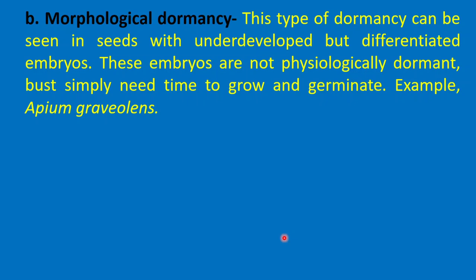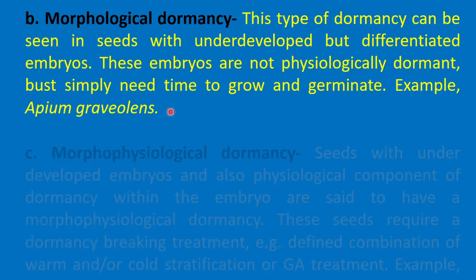These embryos are not physiologically dormant but simply need time to grow and germinate. So we have to wait for their growth or their development, and then they will germinate. For example, Apium graveolens shows morphological dormancy.